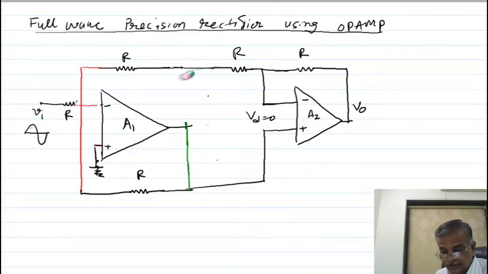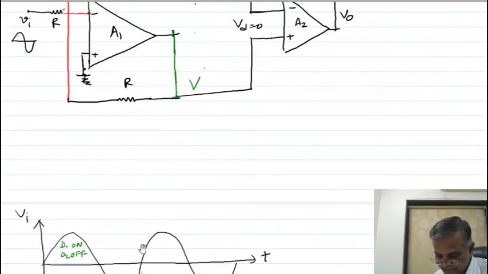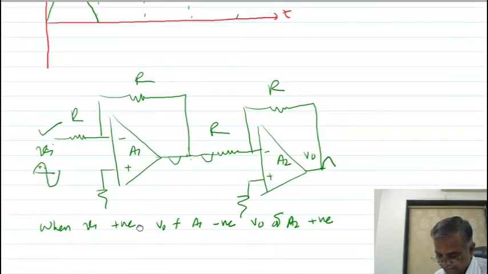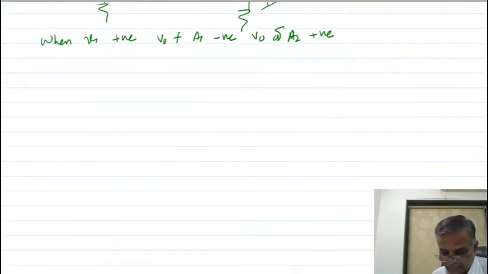So in this circuit, the voltage here is V1 at that time. V1 voltage is developed. So I will modify this circuit and draw it like this. See, look here. This is given to A1.